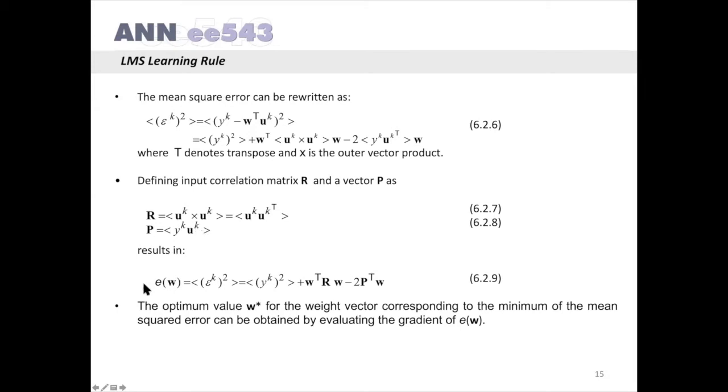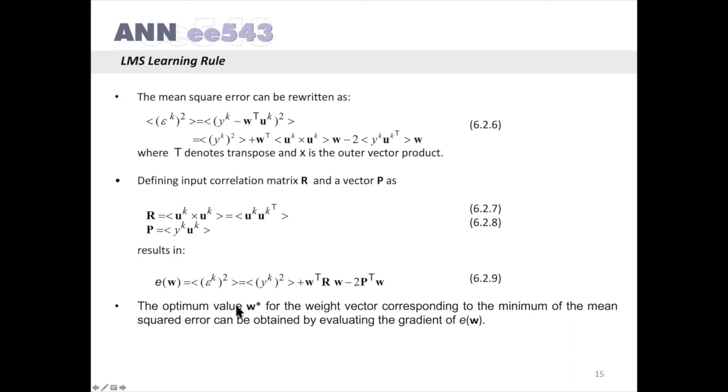This results in the error for the given w, the mean square error, being equal to, if we consider this part and the definitions of R and P, the mean of y_k squared plus w transpose R w, and then minus 2 times P transpose w. This defines the error in terms of w, and we are trying to find w star, which minimizes this value.